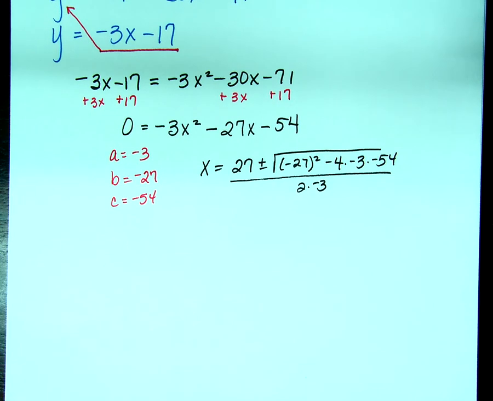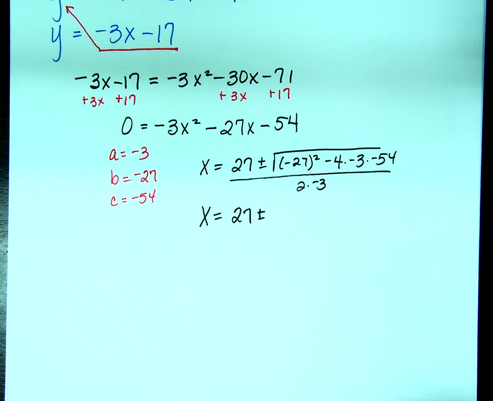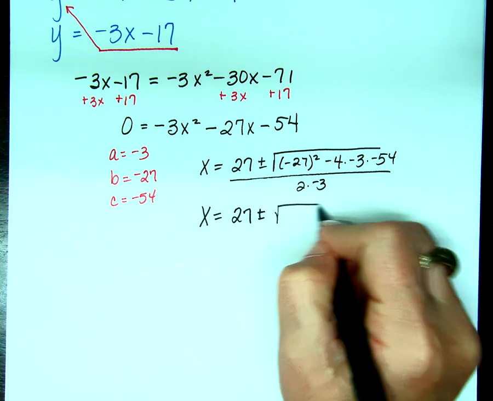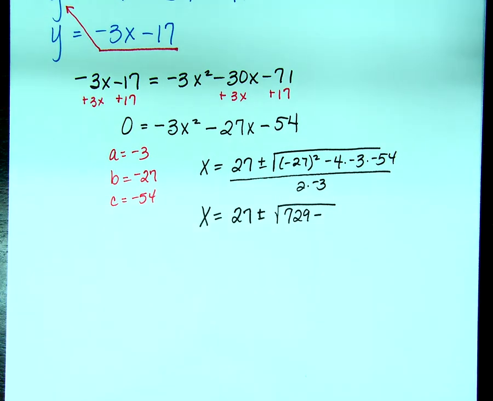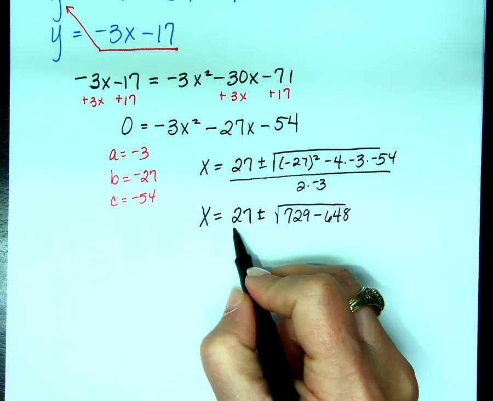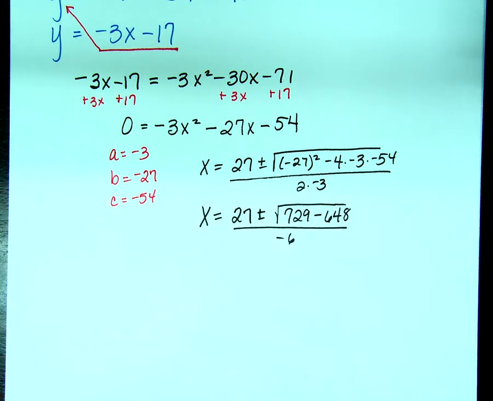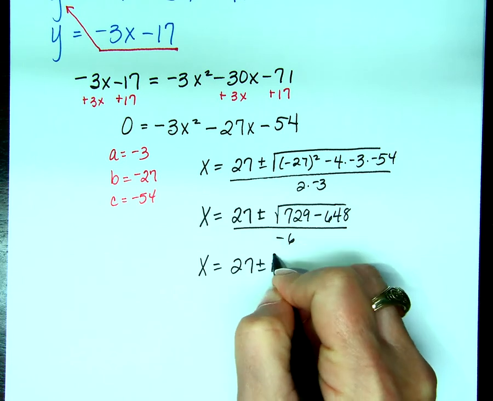So I grab my friendly neighborhood calculator to help me out with this, right? Because I don't know what 27 squared is off the top of my head. Do you? I should know. Okay, I apologize for not knowing that. Okay. 27 squared is 729 minus 4 times -3 times -54, which is 648, all divided by -6. 729 minus 648 is 81.